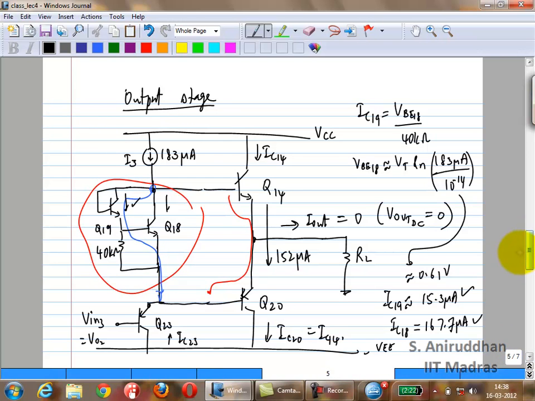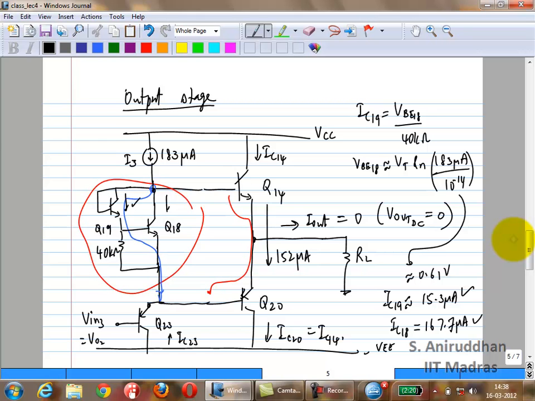By the way, what is IC23? We didn't calculate that yet. Why is that? Well, you are actually feeding a base current here. What is the bias current of this? 153 or 152.